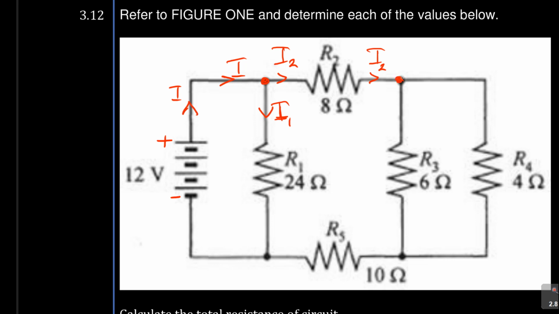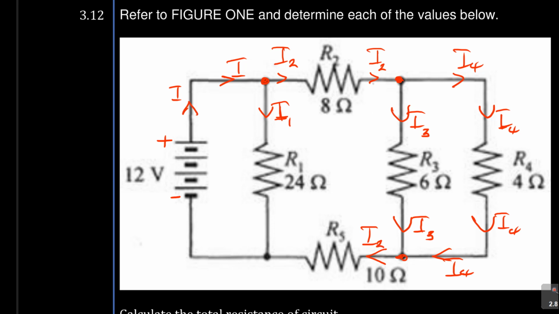So I2 will come out here, and I2 is going to further split into I3 and I4. See, I'm following the current. From here it becomes I4, from here it becomes I3. But from here they are going to combine. I4 plus I3 will combine, Kirchhoff's laws. When they combine, they return back to I2.